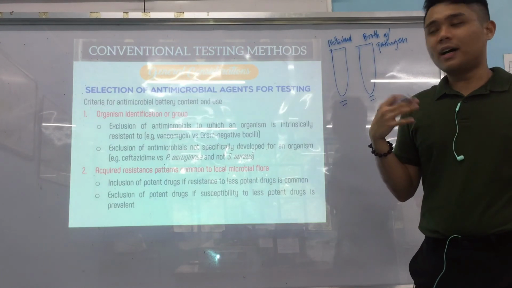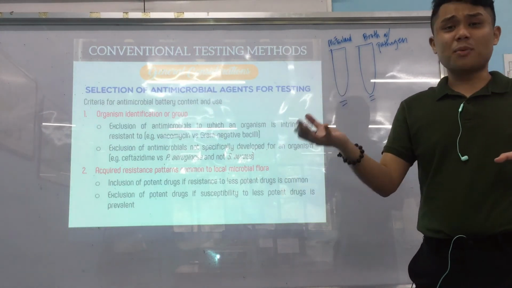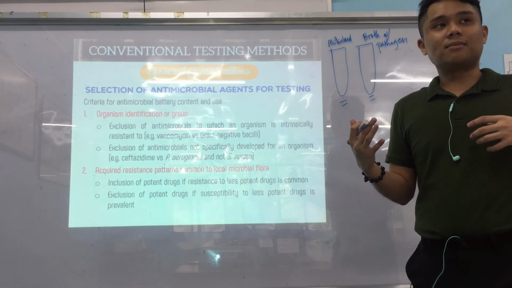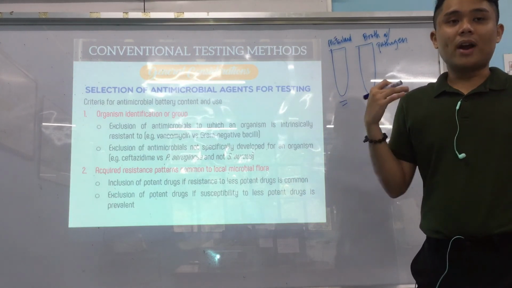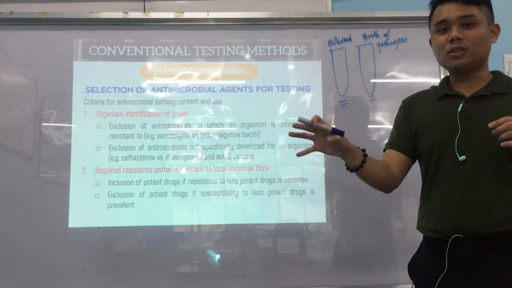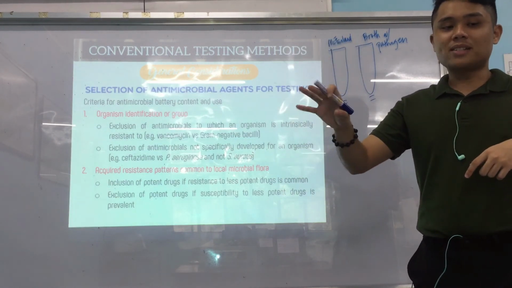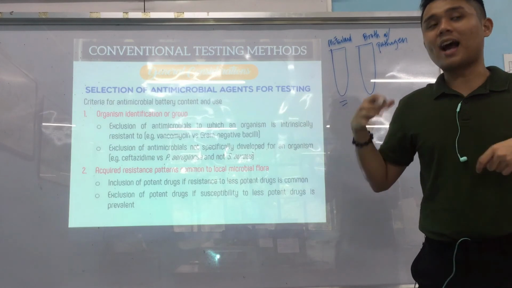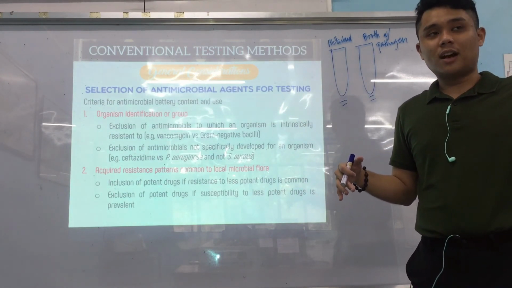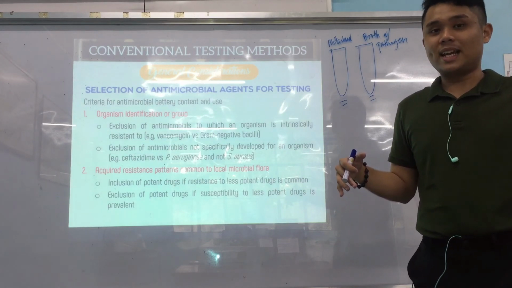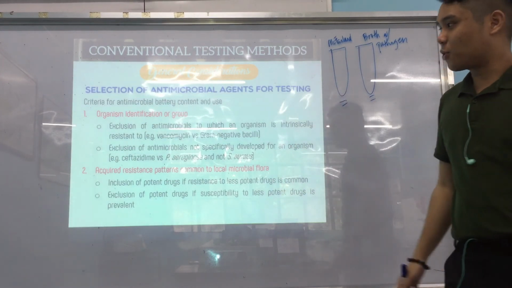If erythromycin already kills the bacteria, then we don't include penicillin anymore. Whereas in another scenario, if erythromycin is not effective against the bacteria, then we include a much more potent drug, which in this case is penicillin. That's how the selection works.